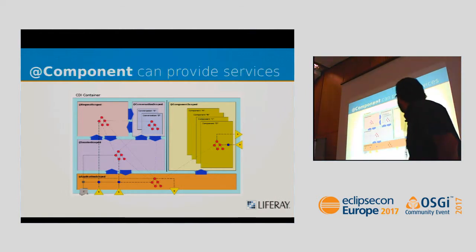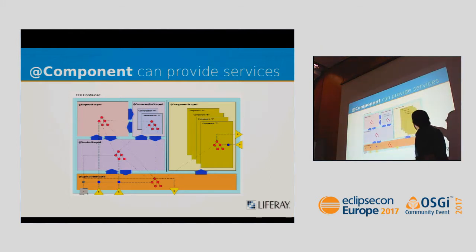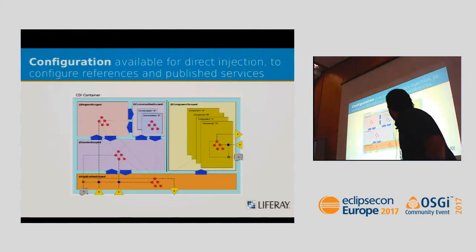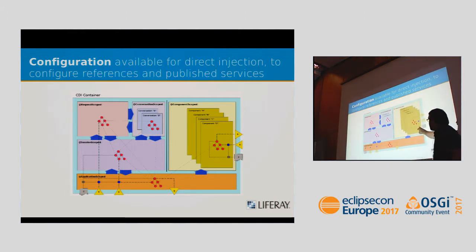And so they can consume services. They also get synthetic reference beans, and they can publish a service. And they can consume configuration, which can also affect the references and modify cardinalities and target filters and so on.